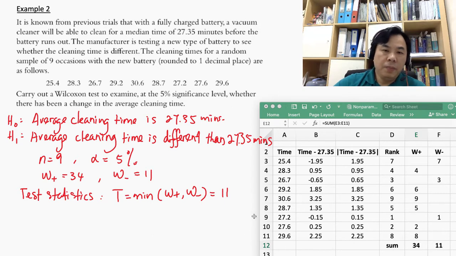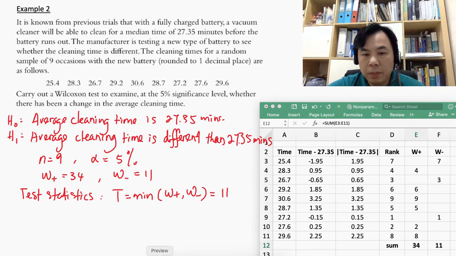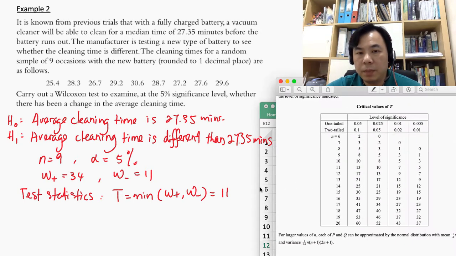So once you are ready, all you need to do is refer to the data booklet to obtain the critical value. Let's look at the same data booklet here. What we are looking at is a test statistic with a sample size of 9.